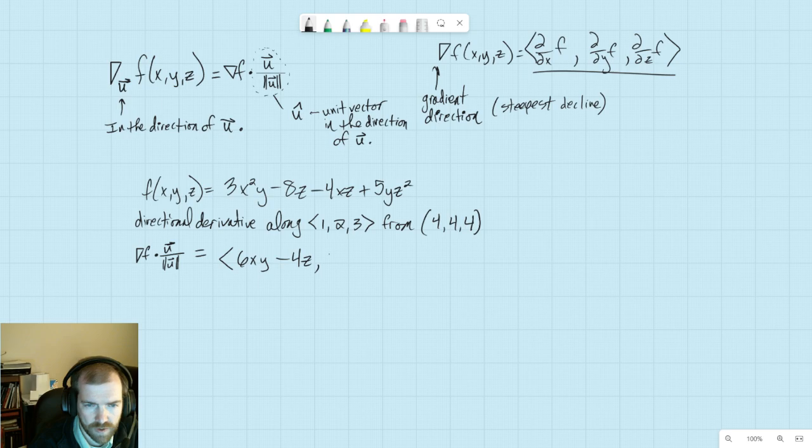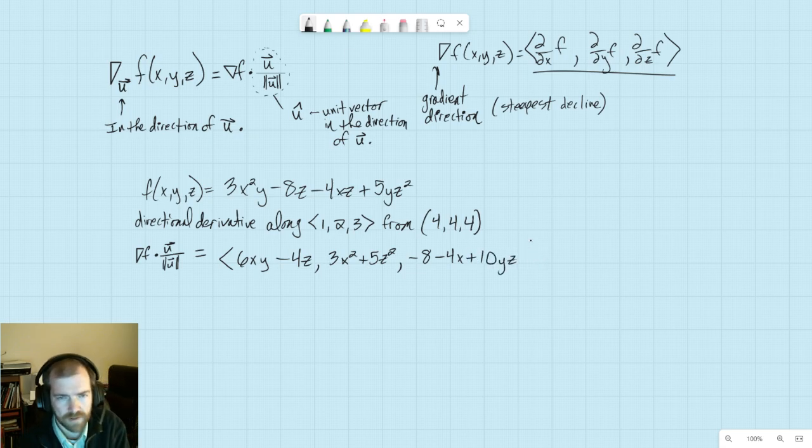It's going to be 3x squared. Second term, third term have no y's. Fourth term is going to be a plus 5z squared. Comma. Z's, we got none in the first term, negative 8 in the second, negative 4x in the third, and then a plus 10yz in the last.